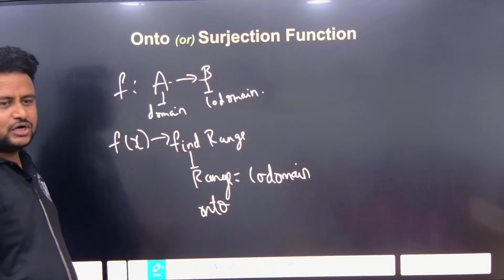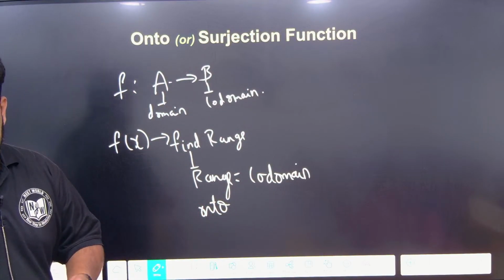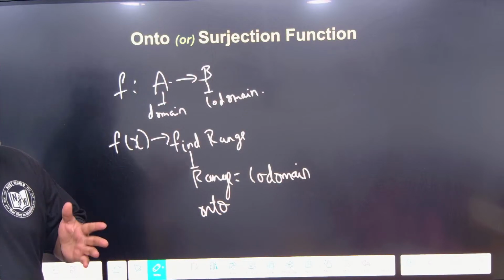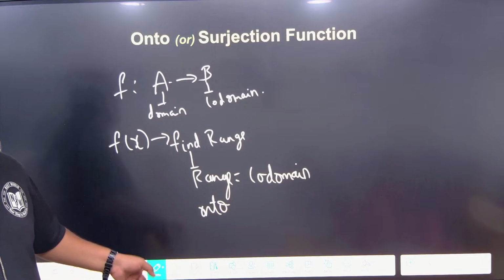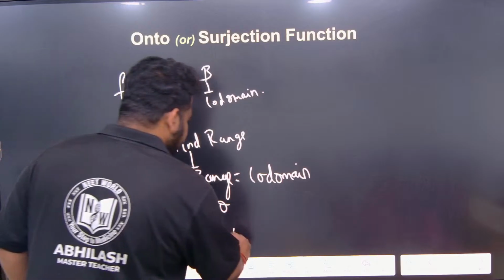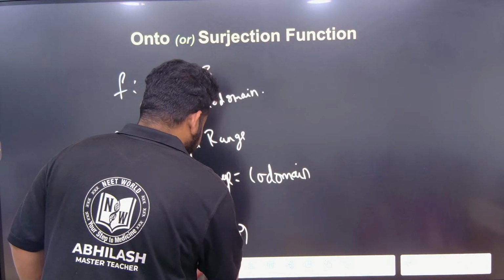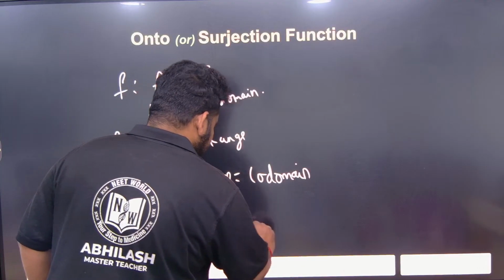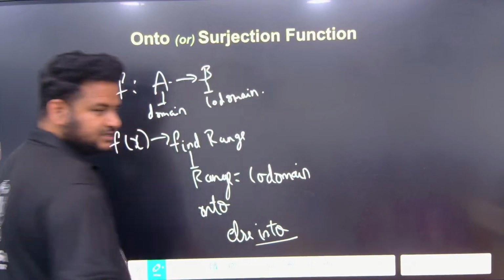Otherwise, it is not onto, we call it as into. If it is one-one, fine. If it is not one-one, we call it as many-one. If it is onto, fine. If it is not onto, we call it as into.